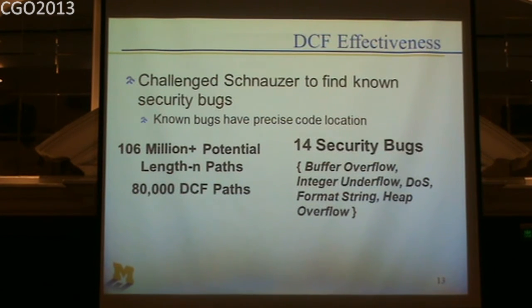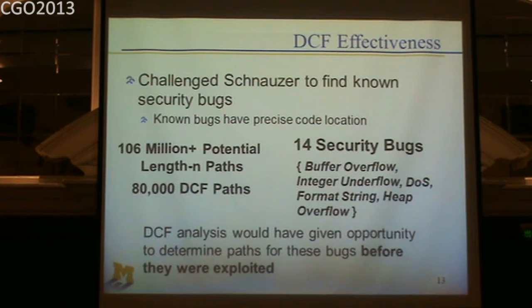The important part is that had DCF analysis been conducted, it would have given the opportunity to determine the paths for these bugs before they were exploited.